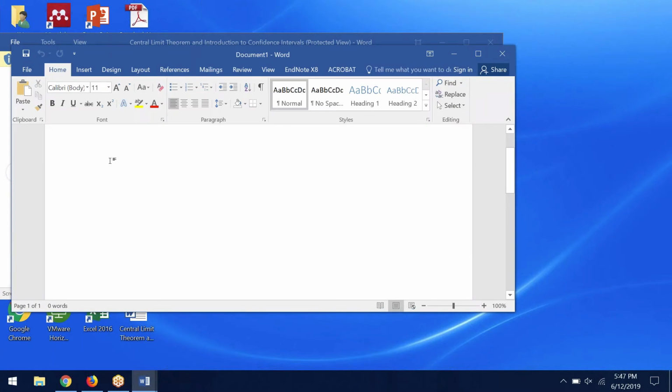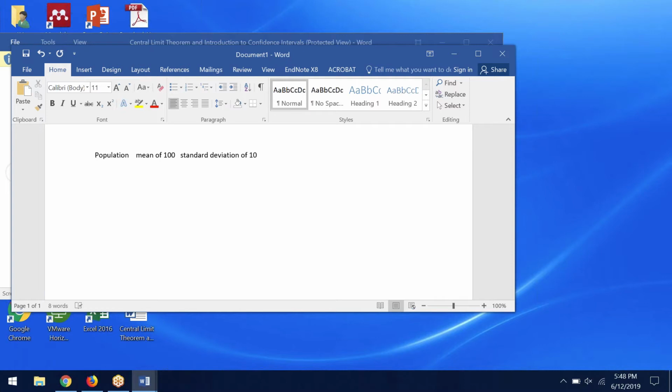Okay, so let's take a look at this. Let's say that we have a situation where we have a population with a mean of 100 and a standard deviation of 10.